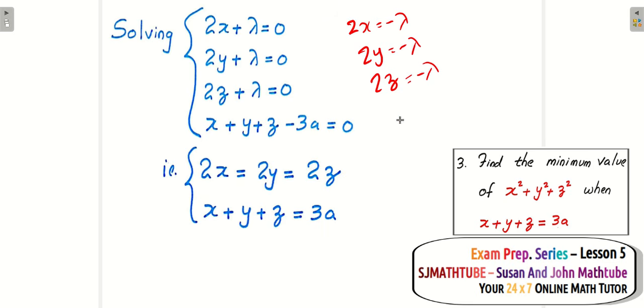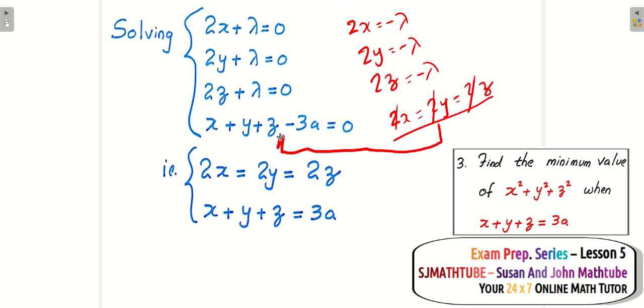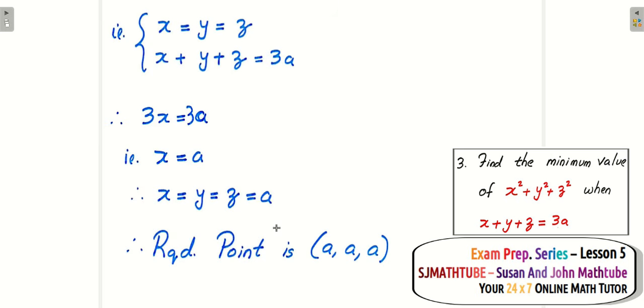But these lambdas are equal, that makes 2x equal to 2y equal to 2z. And that's it. I got x equal to y equal to z. Now I'll plug this into the last condition. So x, the value of y is also x, plus x minus 3a equal to 0. Yeah, so we got the required point.